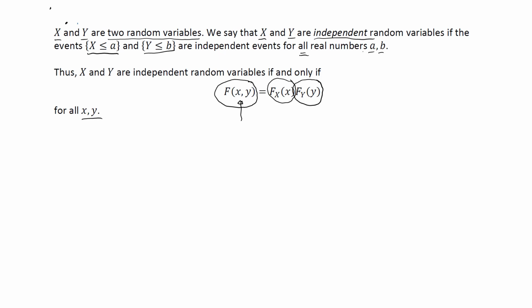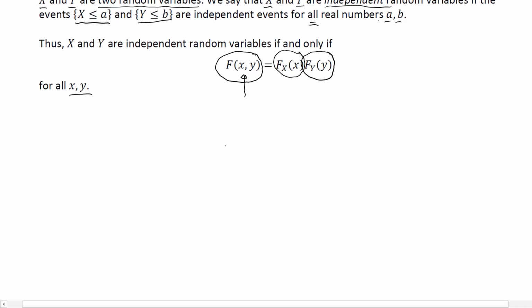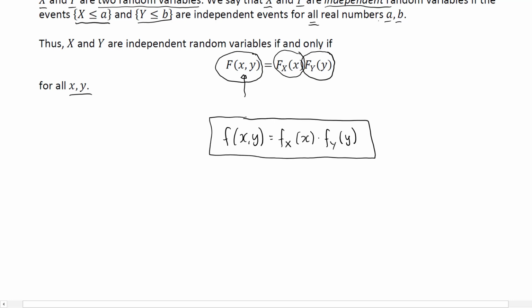For example, if I have two continuous random variables, then simply by differentiating both sides, first with respect to x, then with respect to y, I will get on the left hand side f of x comma y, and on the right hand side I will get the marginal PDF of x multiplied by the marginal PDF of y. So an equivalent condition, if I have continuous random variables, is that the product of the marginal PDFs must be equal to the joint PDF.